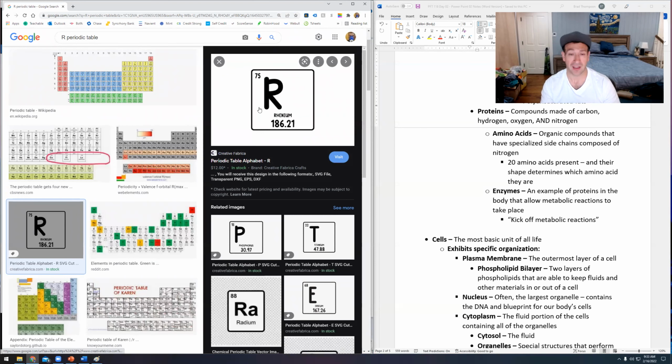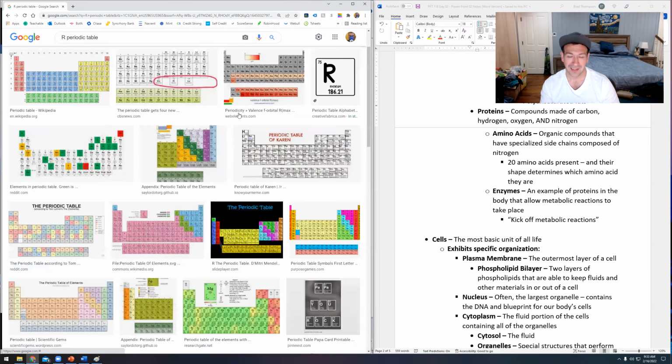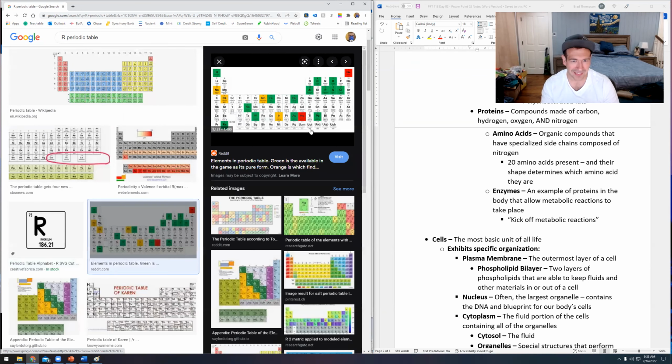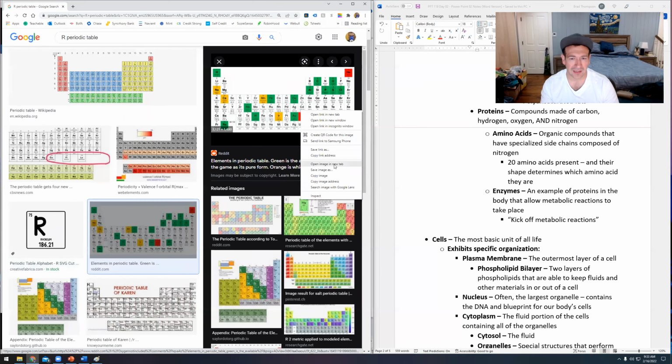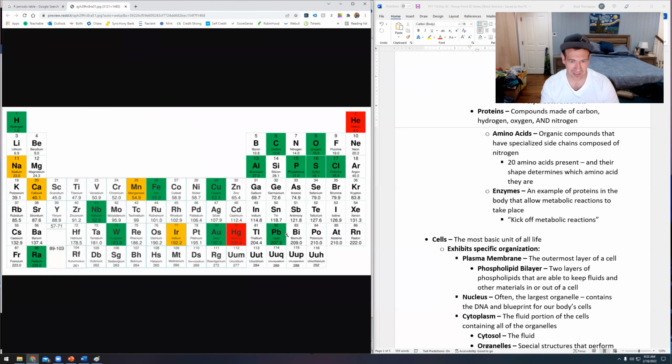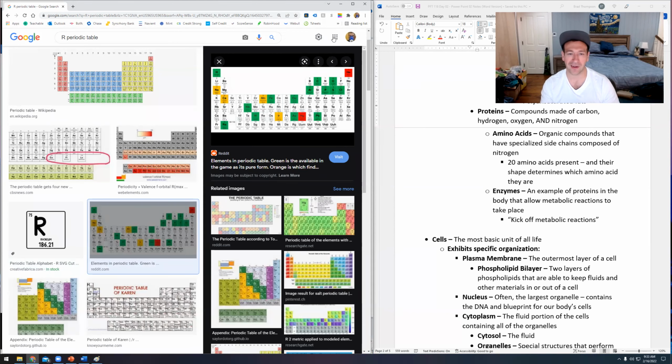I guess rhenium. Is rhenium R? I don't think it is. See, we get out of the organic stuff, and I do not know my chemistry that well. Yeah, rhenium is Re. So there's no R on the periodic table.